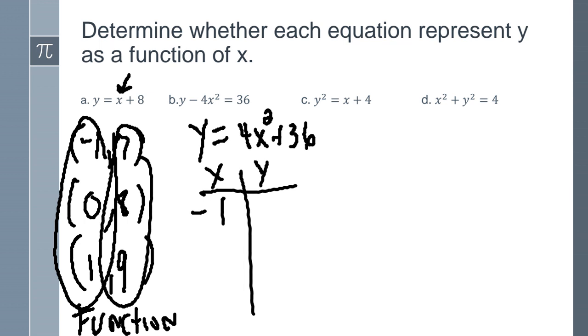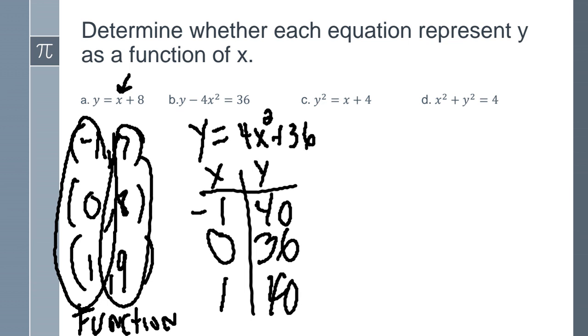But notice that no matter how hard you try, if you plug in negative 1, you're always going to get 40. It's not going to give you two answers. Same for 0. If I plug in 0 for x, then I only get 36. And then last, if I plug in a 1, I'm going to get 40. So you might be thinking, oh, that gave us a 40 here and a 40 here.